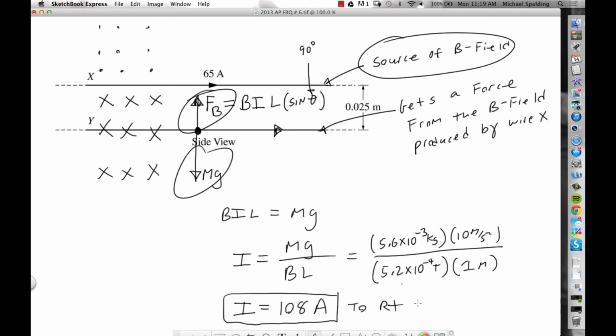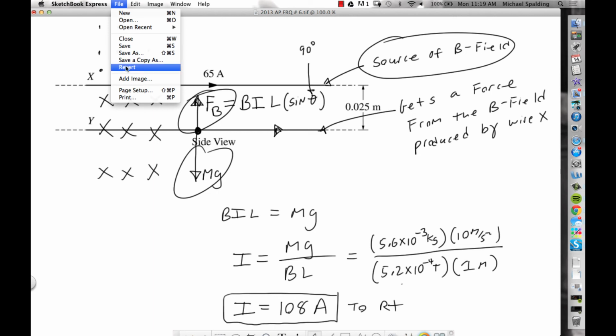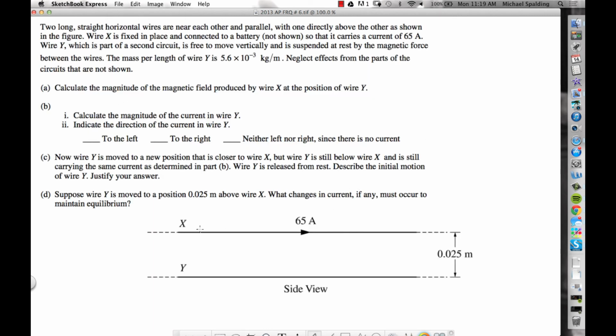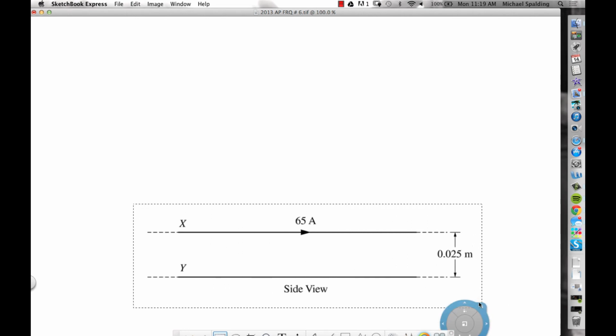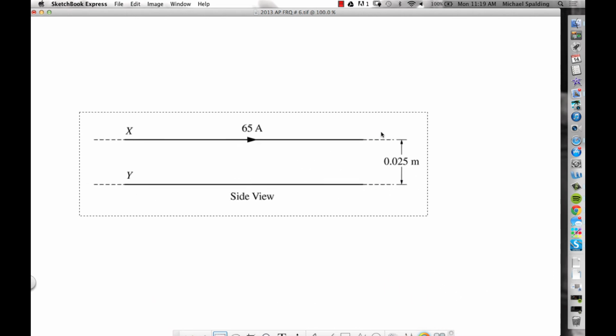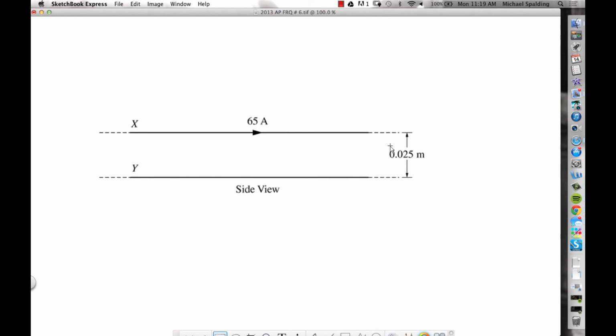Okay, moving on. Part C. Now wire Y is moved to a new position that is closer to wire X. So let me revert this. We'll clean this up. So they're changing things up. Let's still erase this. So they tell us that wire Y, wait, what did they say?